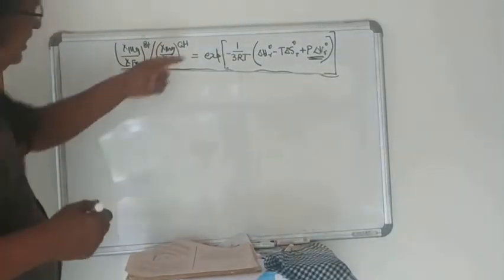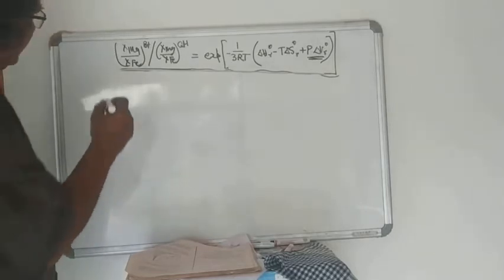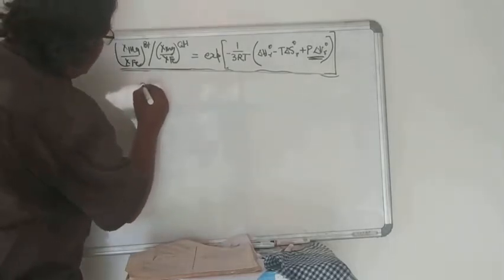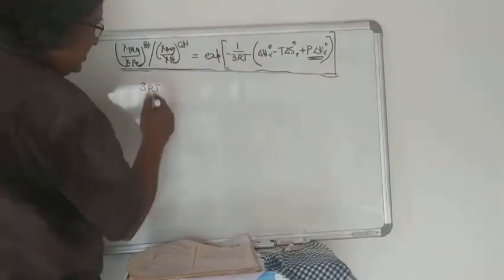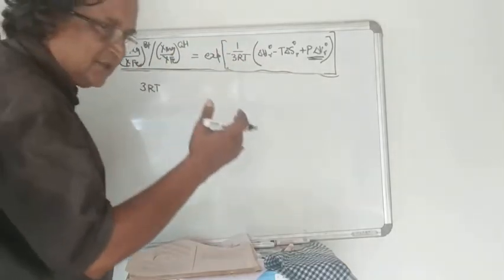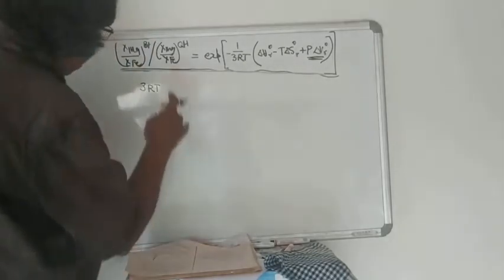Now, from here, if we go back to the original equation, it should read now 3RT. I'm reverting back to the old equation, since I don't know the reactions from yesterday, which is with you.